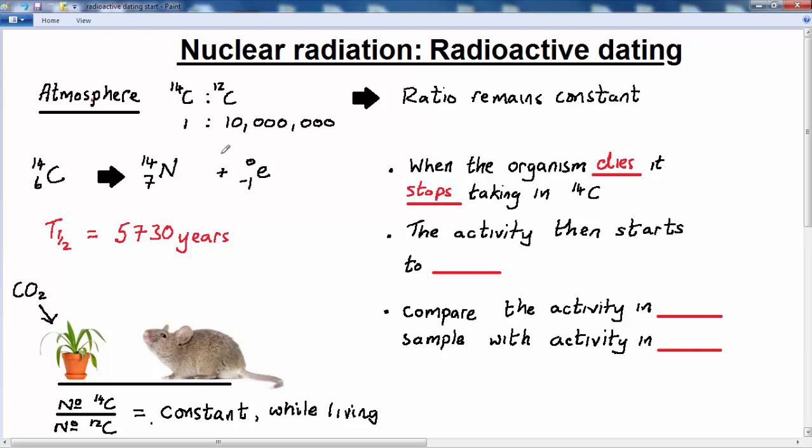So the level of carbon-14 in its body will now start to decrease, because it will decay into nitrogen emitting a beta particle, and it will not be replaced by more carbon-14 because the plant isn't absorbing carbon-14 because it's dead, and the animal isn't eating carbon-14 because it's dead. Okay, so the activity then starts to fall, and as with all radioactive materials, it will fall in an exponential way, as we've already seen.